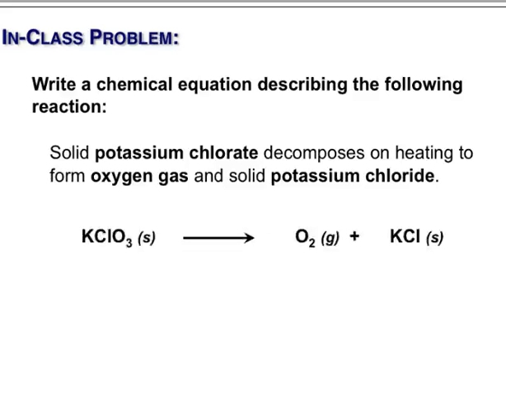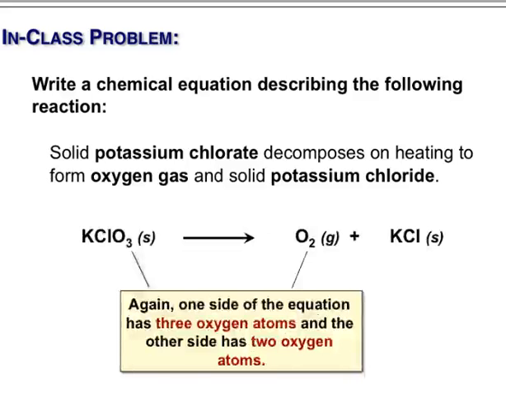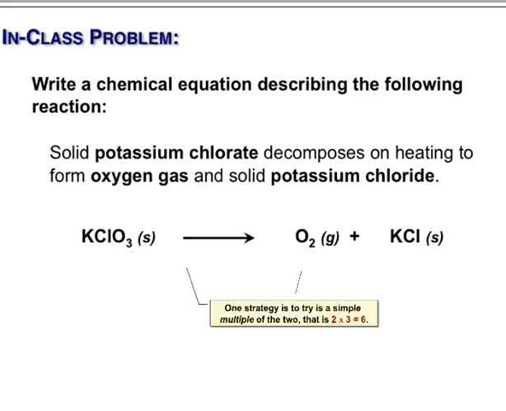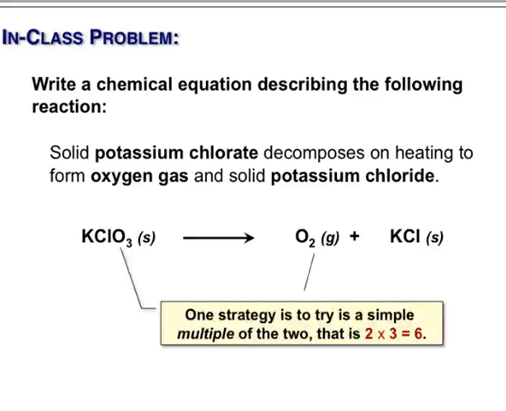As we look at this, we have 3 oxygens on this side. We have 2 oxygens on this side, right? That's an odd even. We could remedy that simply by putting a 2 in front of our potassium chlorate. There's a bit of symmetry here that also works that'll get you to the answer fairly quickly.